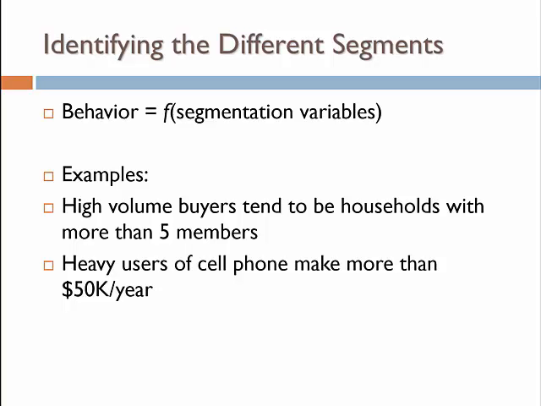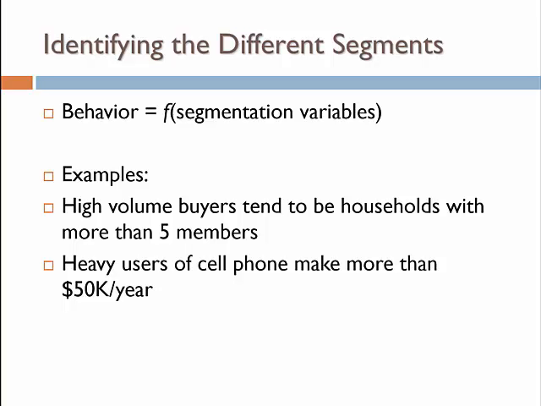Okay, so if we can relate this exhibited behavior, that is the volume and frequency of purchase, to demographic characteristics of consumers, you can use the demographic characteristics of other consumers to make predictions about how they are likely to behave. In other words, you can make predictions about likely behavior of new consumers that you have not transacted with using just their demographic characteristics. So, for instance, in the cell phone market, you might find that heavy users of cell phones make more than $50,000 a year.